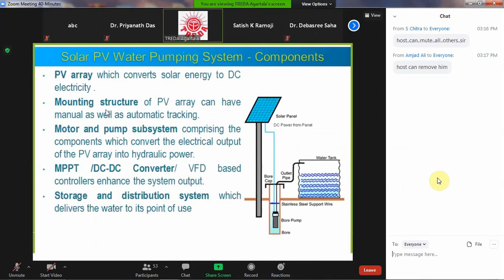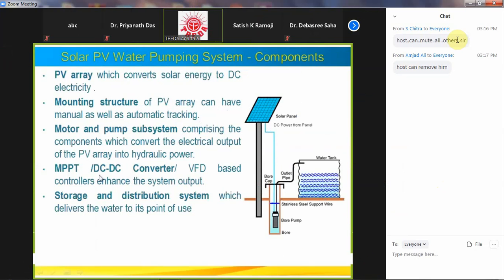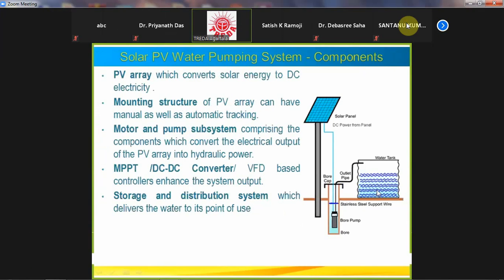The main thing is the mounting structure, and motor and pump system, and DC to AC converter, DC to DC converter also, and if we want an AC pump, then we can also convert it to AC, and storage and distribution system is required. It is a very simple system. When sunlight is there, we can easily install it for the irrigation purpose and for the welfare of our farmers.